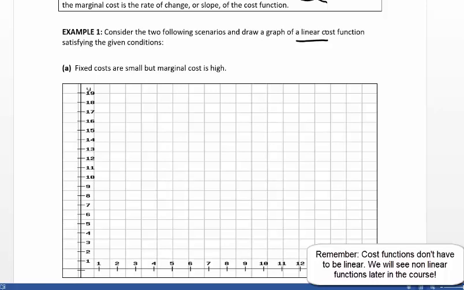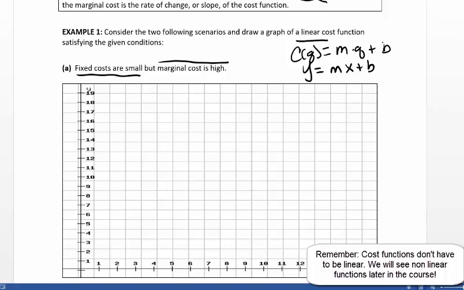So for part A, the cost function that we want to draw is going to have fixed costs that are small and marginal costs that are high. So think about a linear equation and think about what the fixed costs would represent. So the typical equation that we use for a line is y equals mx plus b, right? For a cost function, our dependent variable is C of Q, which is mQ plus b.